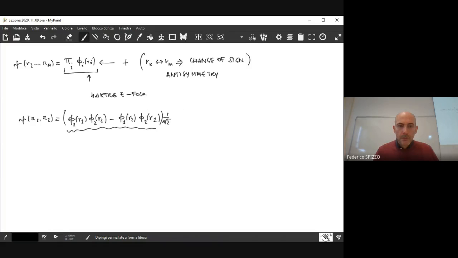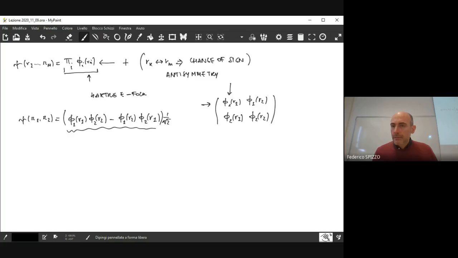So if you consider this matrix, a matrix where in the rows you fix the level and you change the coordinate, and in the columns you fix the coordinate and you change the level.